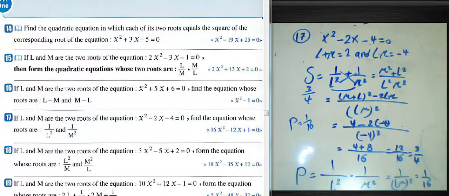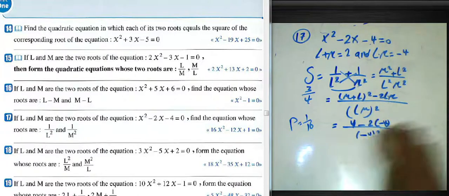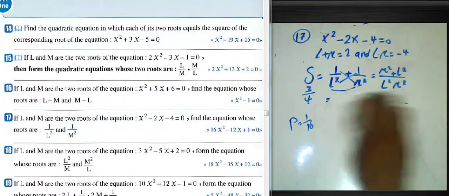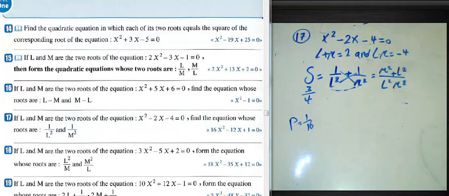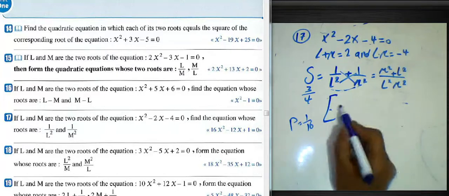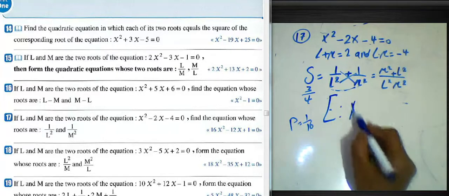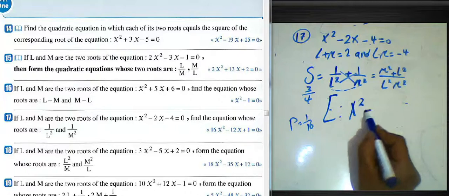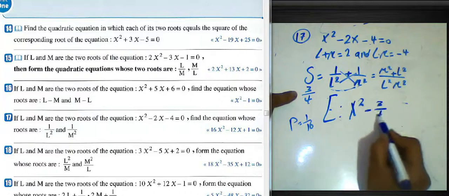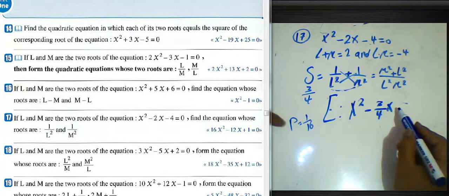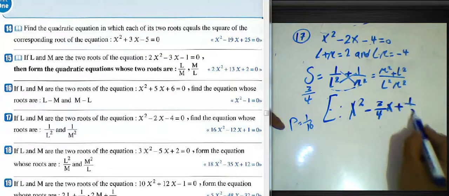Okay, write all these steps. It's very important to write. Okay, I will write the equation here. So the equation will be x power 2 subtract the sum, 3 over 4 times x, plus the product 1 over 16. We will write 1 over 16 here.